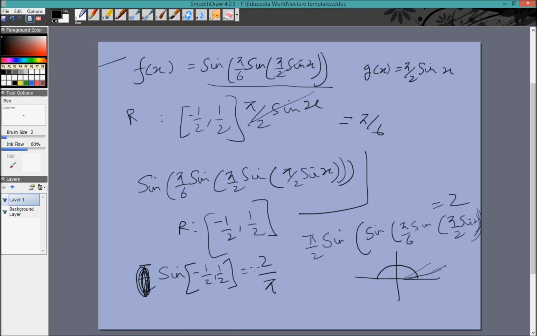So half is 30 degrees, 2 by pi is greater than that. So if you try to calculate it, you'll find that sine of half is actually less than equal to 2 by pi. So this equation will never ever be valid. That means there is no x such that g of f is 1. So D option is false, all others are true. So my answer will become A, B and C.